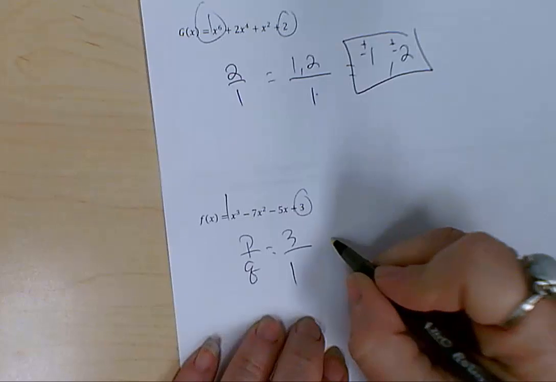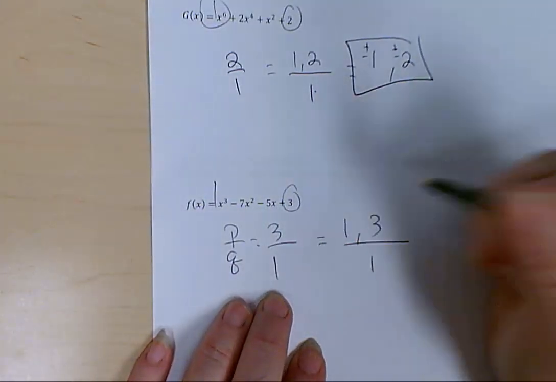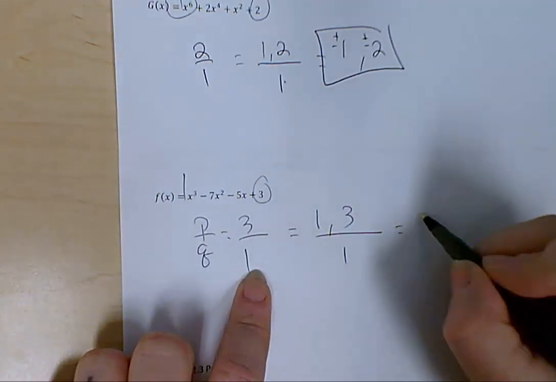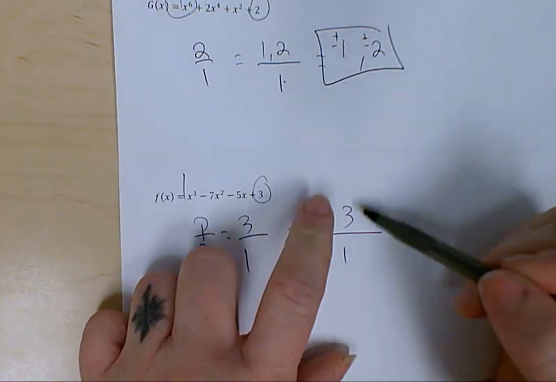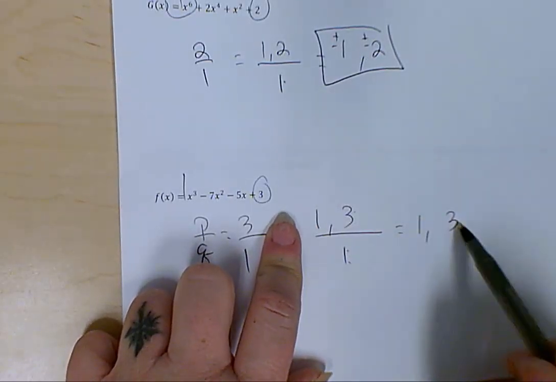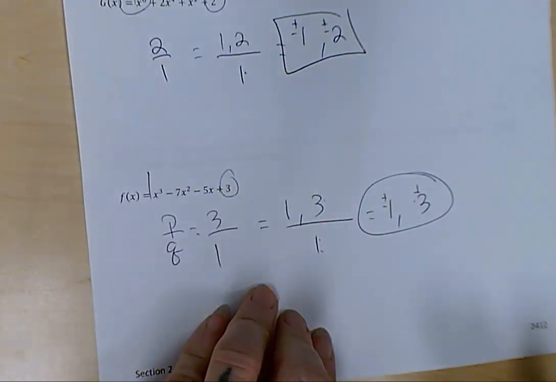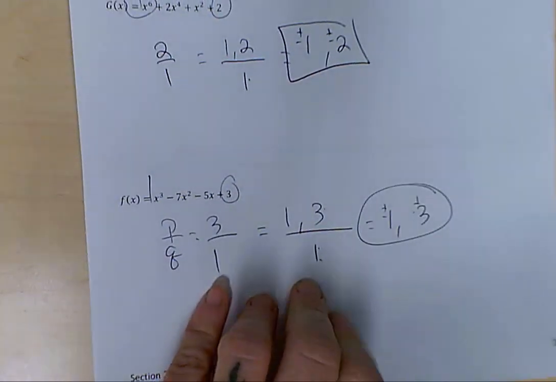Q, the first number, is a 1. The only way you get a 3 is a 1 times a 3. Again, 1 times 1 is the only option there. So everything in the numerator over the denominator, 1 over 1, 3 over 1. Put a plus or minus in front, and there are your 4 possible rational zeros.